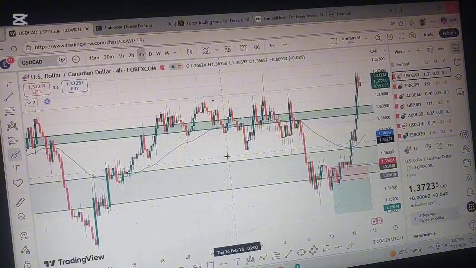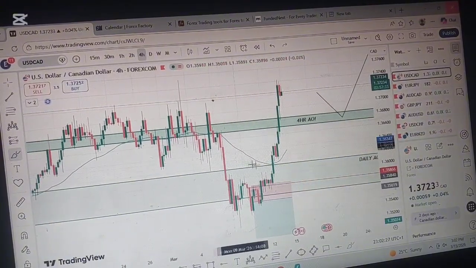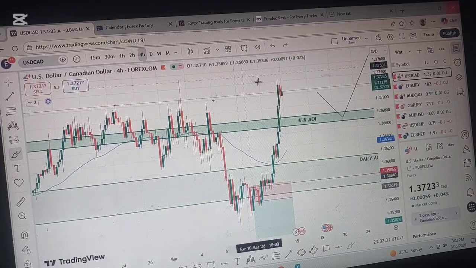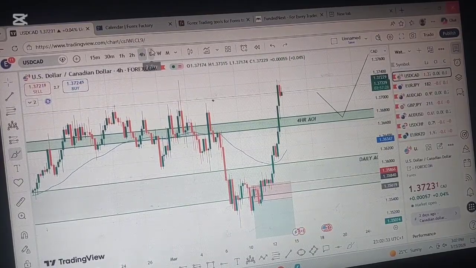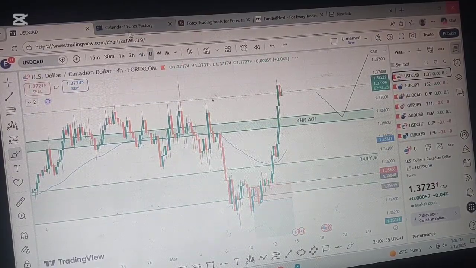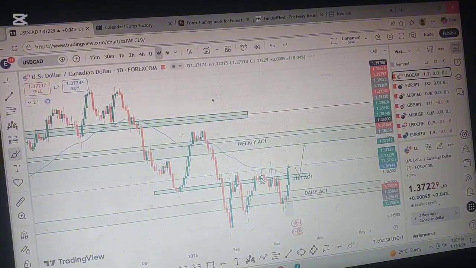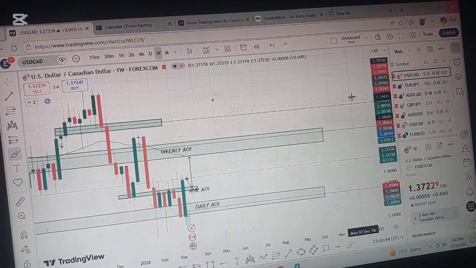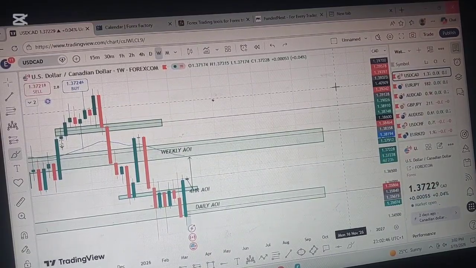So we have 3 time frames in sync, telling us to go to the upside. So I'm waiting for the 4 hour pullback, the daily pullback, and for the weekly to reject this area of interest for me to continue the trade to the upside. So that's all I'm expecting in USD/CAD.